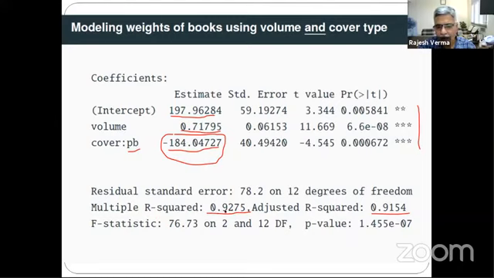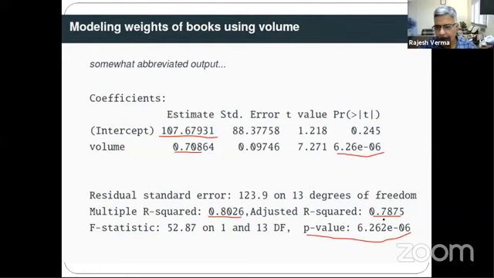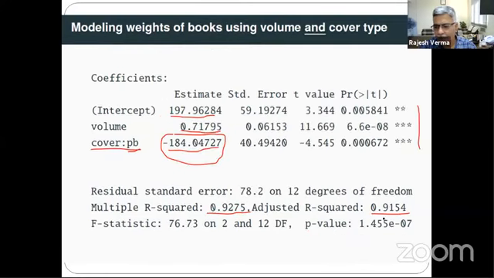That is, more than 92% variability of the weight of the book is explained by adding the type of cover in the regression analysis. And also, now you compare the adjusted R square values. Adjusted R square here was 0.7875, and in the second case it has become 0.9154.